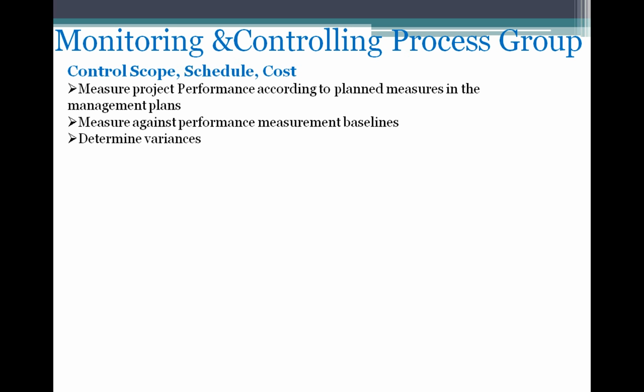When there is a variance, he needs to control it. He analyzes the variance and then prepares the actions to control it and bring the project back to the original project baseline plan. That is the project manager's responsibility: controlling scope, schedule and cost to their baselines.